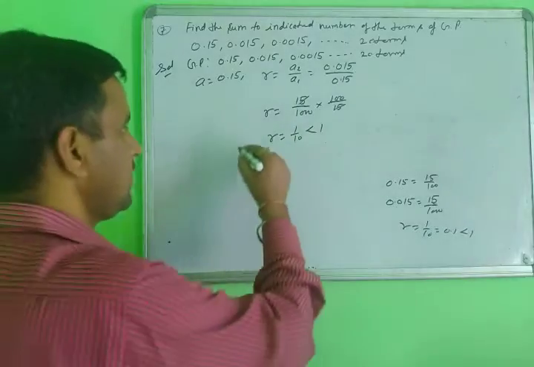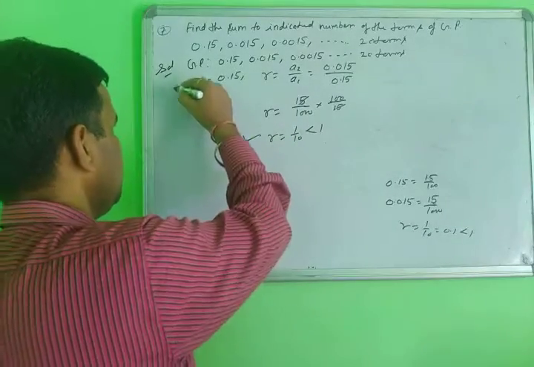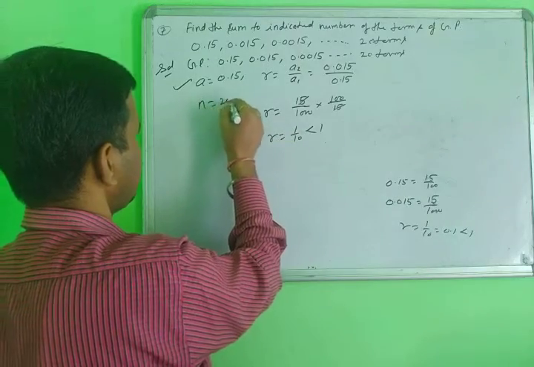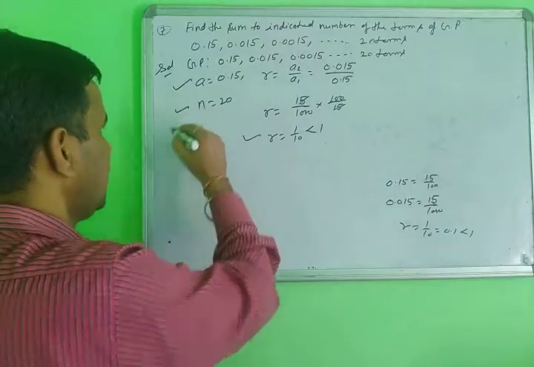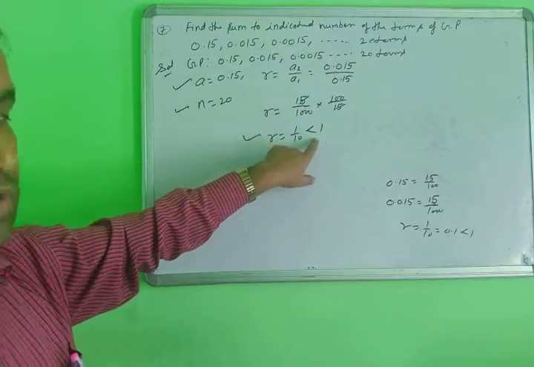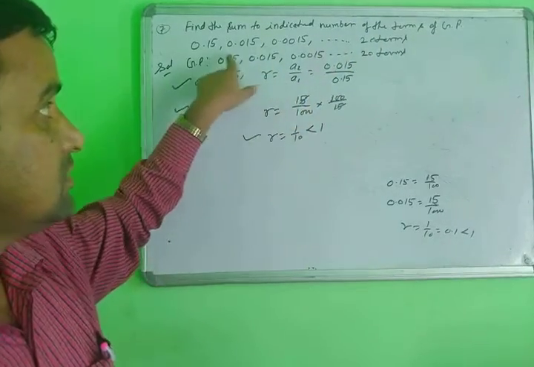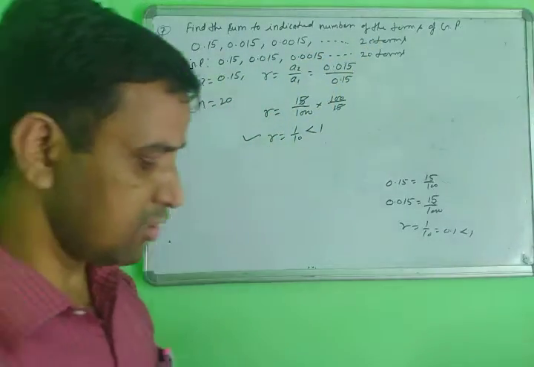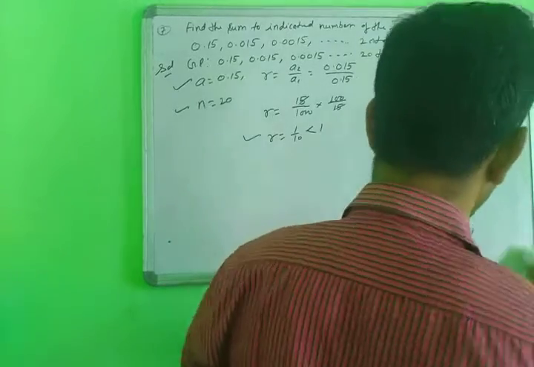So you have got the value of r, the value of a, and n. What is the value of n? N is 20. Then you will use the sum of terms of the GP for r less than 1. Don't use the one for more than 1.